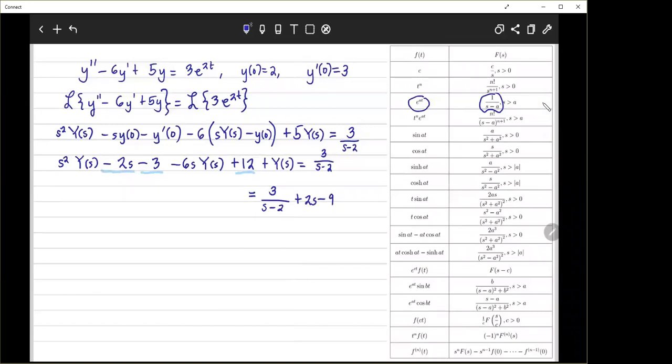And then, I'm going to collect the coefficients of Y(s). And those are s squared minus 6s plus 5 times Y(s).